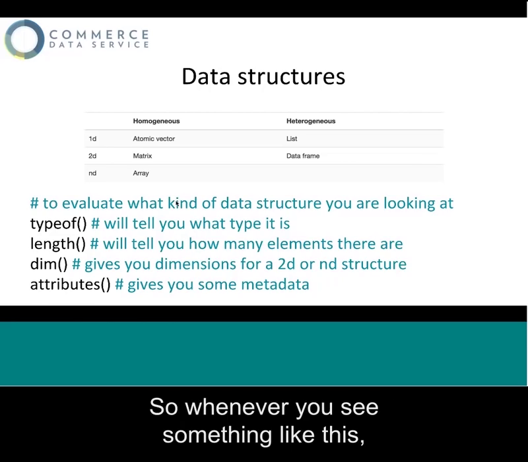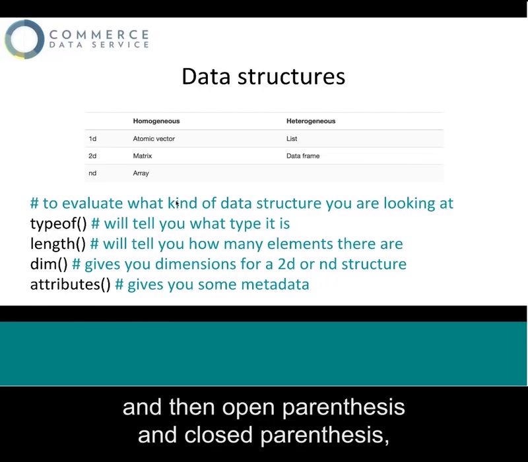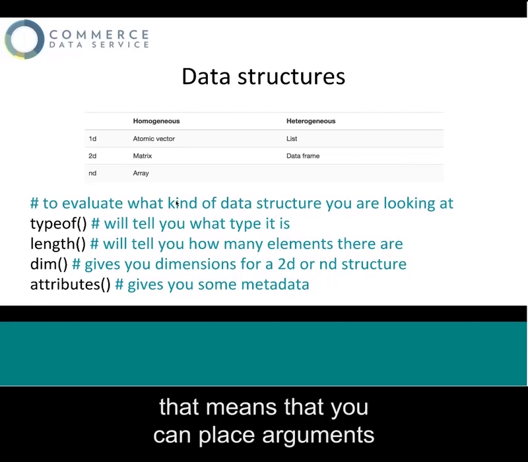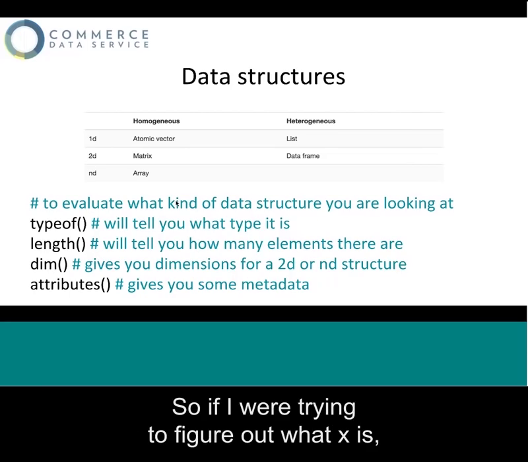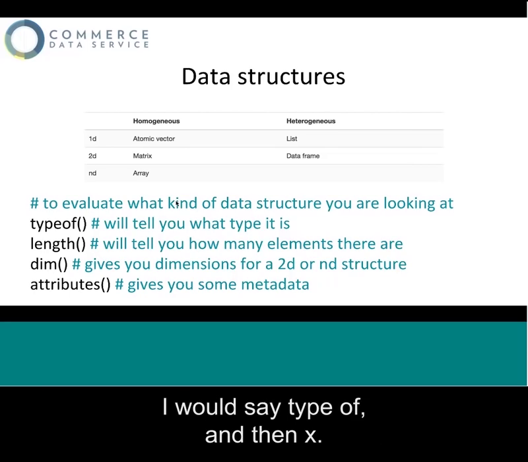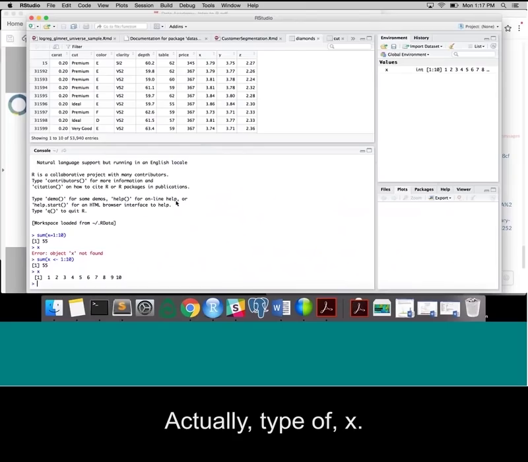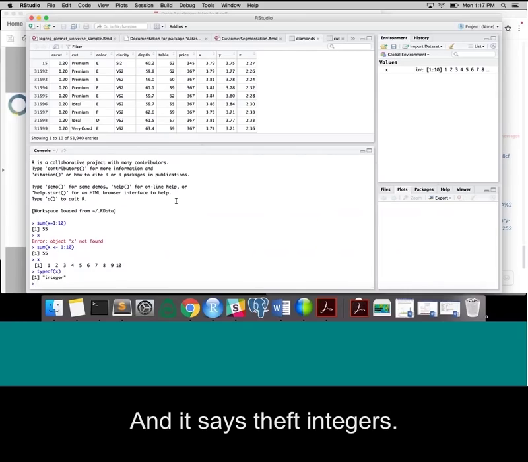Whenever you see something like typeof with open and close parentheses, that means you can place arguments within those parentheses. So if I were trying to figure out what X is, I would say typeof(X), without typos. And it says that's integers.